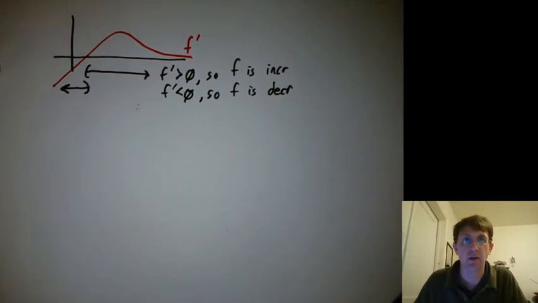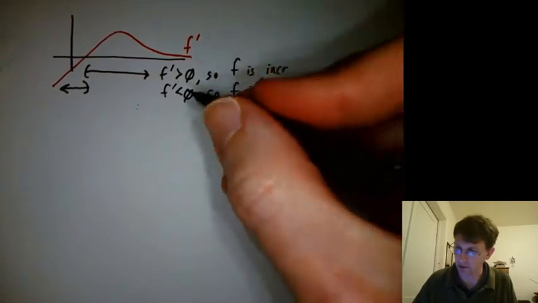What can this tell us about the original f hitting a local min or local max? Take a sec to think about that while I write down the question.